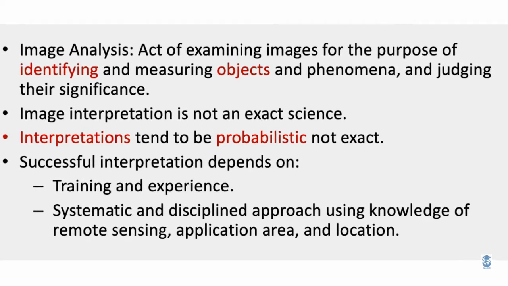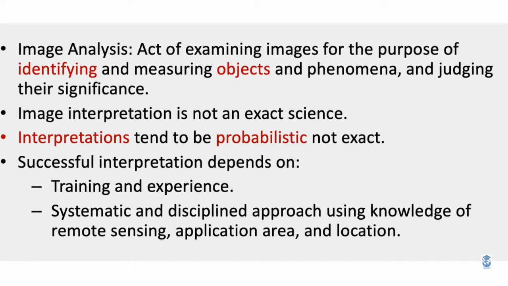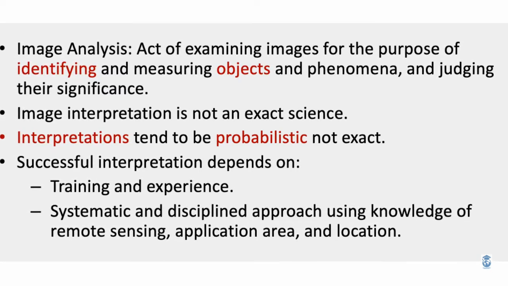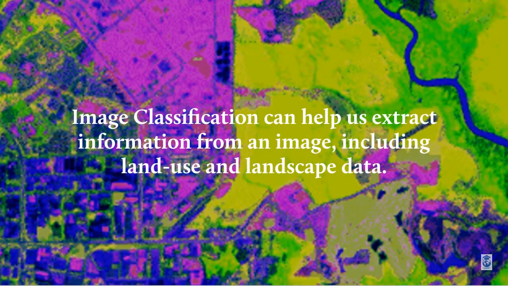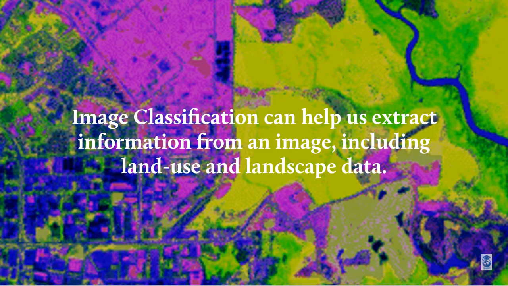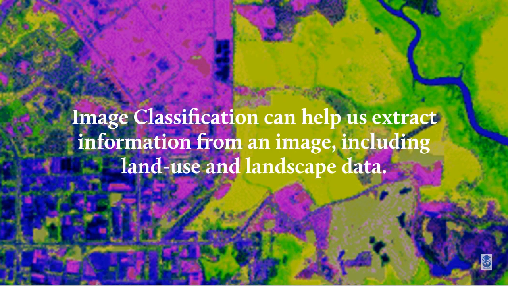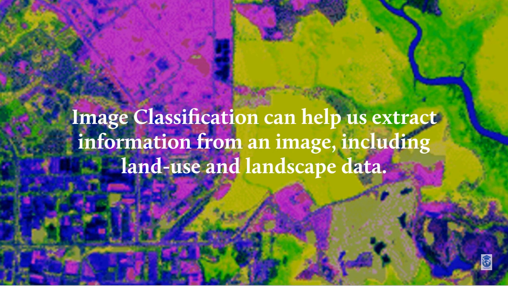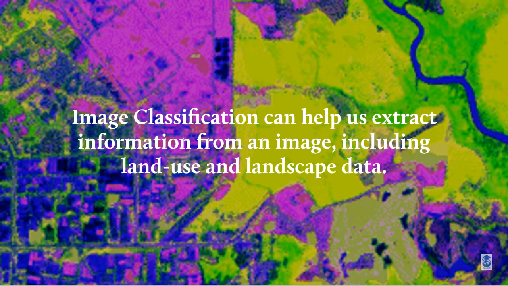Image interpretation is not an exact science, and in fact, interpretations tend to be probabilistic and not necessarily exact. Image classification is probably going to be one of the more powerful image extraction tools that we explore. Image classification can help us extract information from an image, including land use and landscape data.